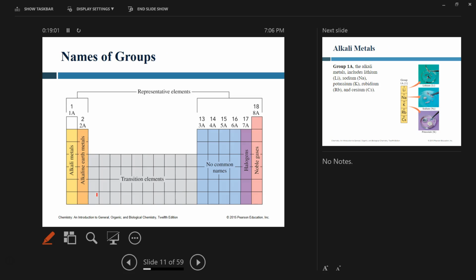Now, some groups carry specific names. Okay? And for the chemistry education, it's important to know them. The first group is called alkali metals. What's alkaline? Less acidic. Well, it's base. Okay, very, very basic solution.